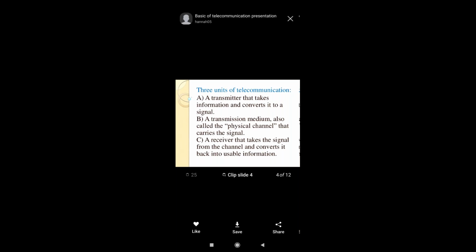These are the 3 basic units of telecommunication, which is the transmission. What is the transmission medium? The transmission signal. Then the signal back to the information, so that there will be a proper understanding of what is being communicated. The basic elements, we have the sender and we have the receiver.